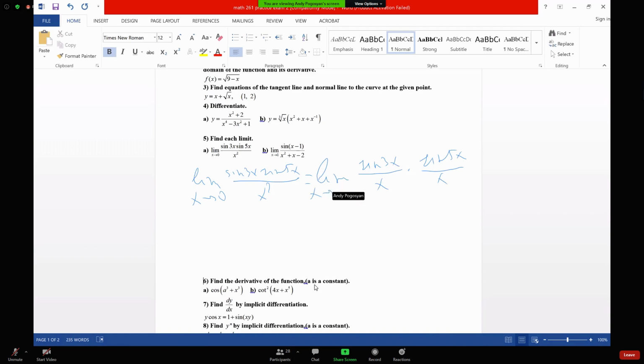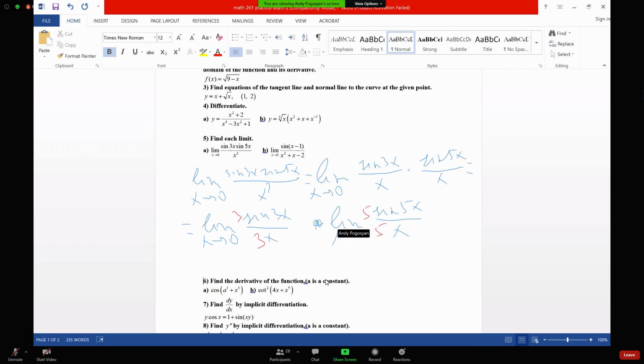Now you have limit sine 3x over x, x approaches 0, times limit sine 5x over x, multiplied by 3 and multiplied by 5.